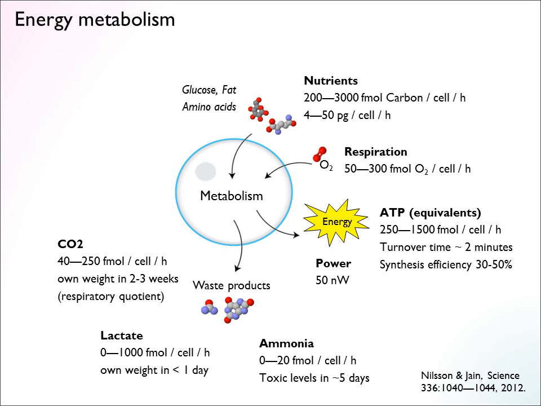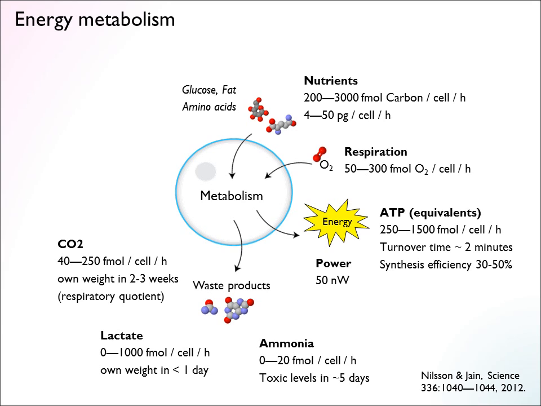So that gives you some sense of how large that flow is. When it comes to ATP, this is also a large flux, a quick turnover. You can count this up to the thousands of femtomolar per cell per hour. And here I think it's useful to think of turnover time. It's not so useful to think about how much weight of ATP is processed, because this is a cycle and it turns over.